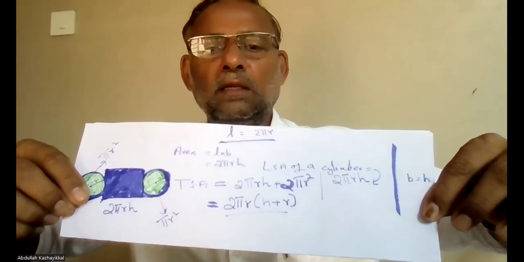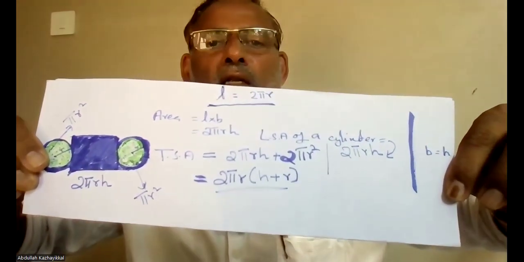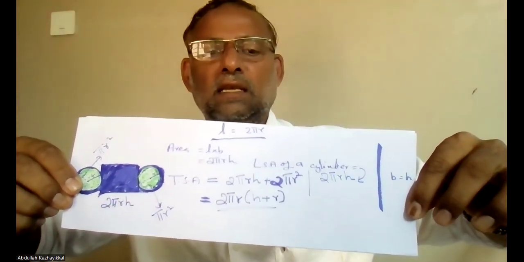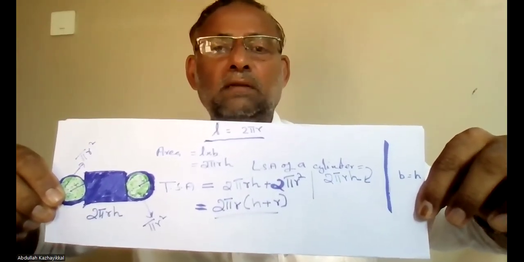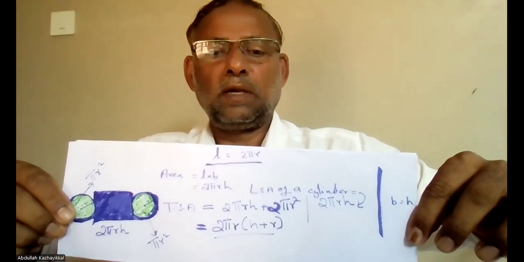You are getting the formula for total surface area, TSA. This is a laboratory activity assignment. There is no confusion, I think. I will forget, that's why I am showing this.